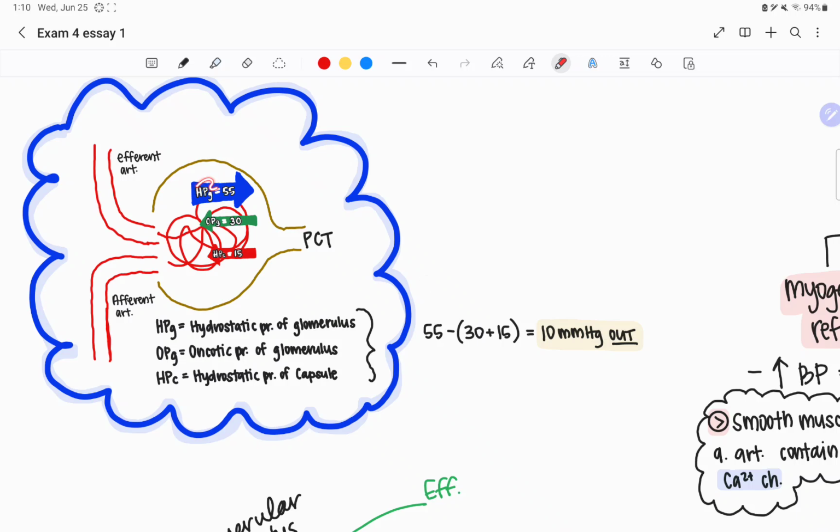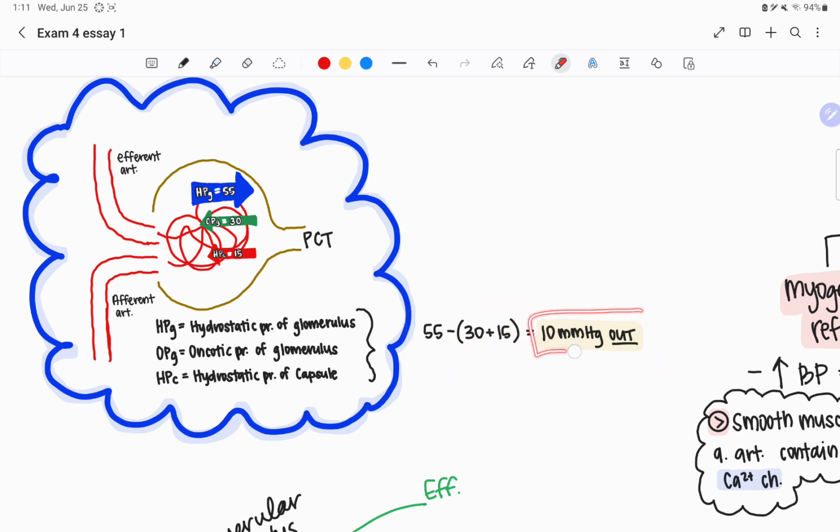Okay, so this is our hydrostatic pressure in the glomerulus here. This is the oncotic pressure in the glomerulus here. So all these proteins are drawing some water in. This hydrostatic pressure is pushing stuff out. And this is the hydrostatic pressure of the capsule, so it's pushing a little bit in. Okay, but I've got the math here. We've got 55 minus 30 plus 15.